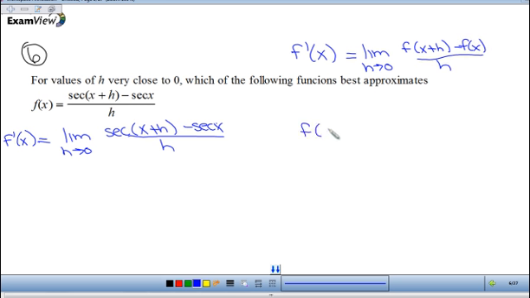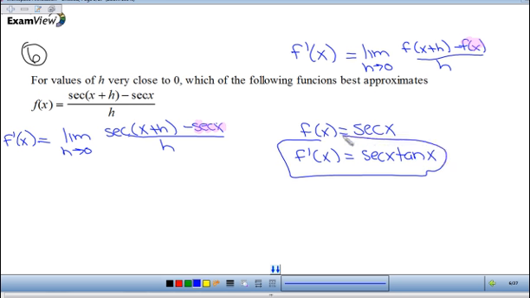So I need to find what f of x is. So f of x is going to be secant x. What this means is find the derivative. So the derivative of secant of x is secant of x times tangent of x. There would be my values.